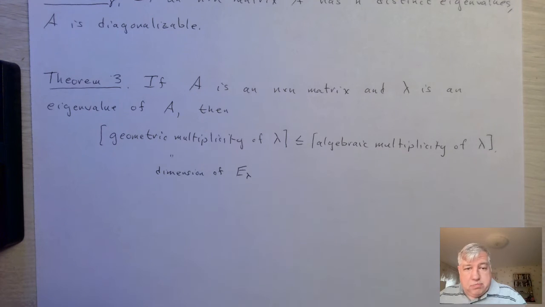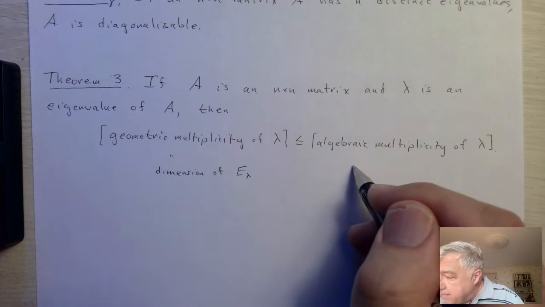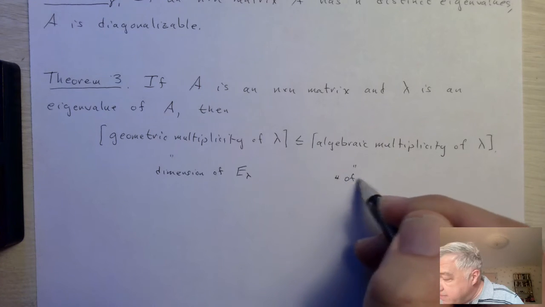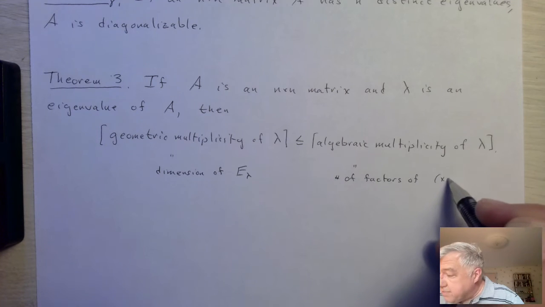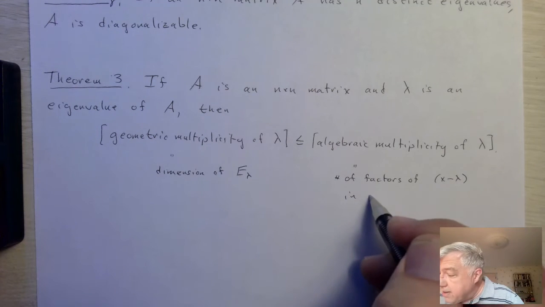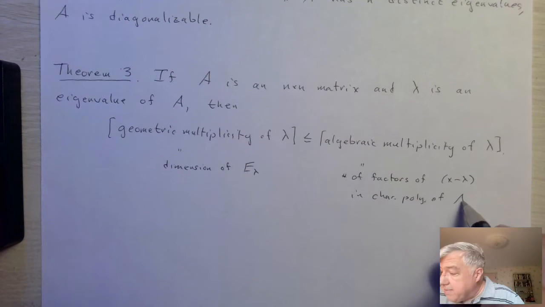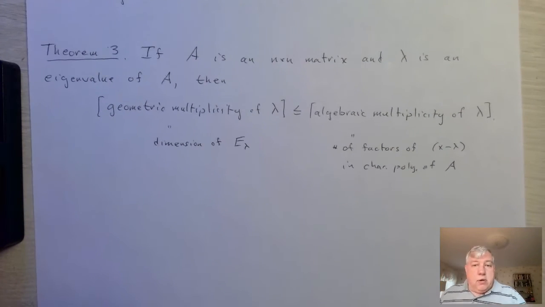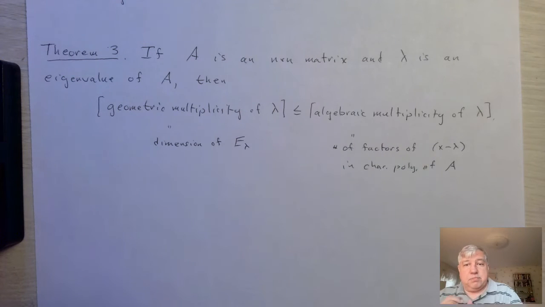The algebraic multiplicity is the number of factors of x minus lambda in the characteristic polynomial of A. Theorem 3 says that the geometric multiplicity is always less than or equal to the algebraic multiplicity of lambda. We are going to prove this a little later.